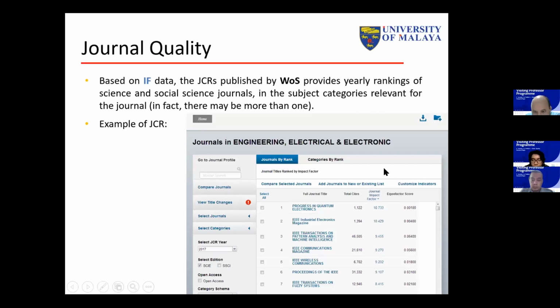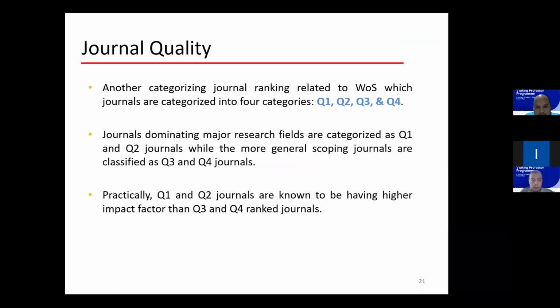If you look here, the journal impact factors are 10.733, 10.429, and others. And they will rank according to their specific area, because one journal can be in more than one area. It can be in computer science, it can be in electrical. So they have different categories.